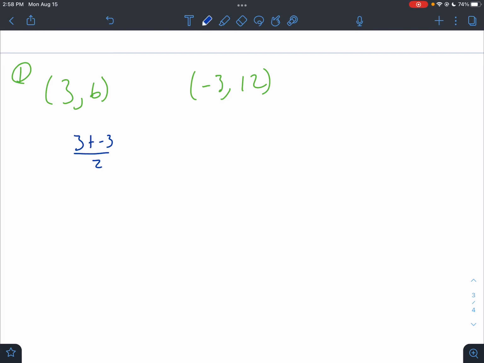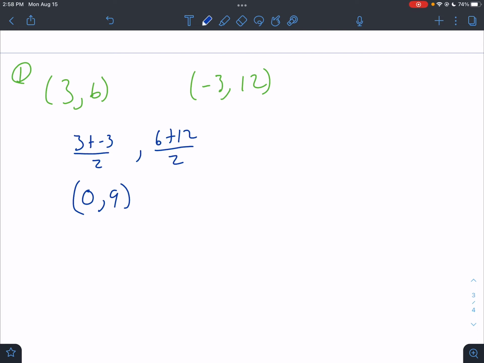Well, 3 plus -3, that's 0. 0 divided by 2 is 0. Comma, it's a coordinate, so those are my x's. We're going to do the same thing with the y values. My y values are 6 and 12. I'm going to add 6 and 12, and I'm going to divide it by 2. 6 plus 12 is 18, divided by 2 is 9. So the middle point is 0, 9.